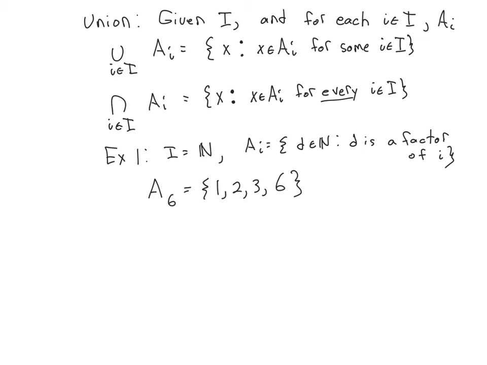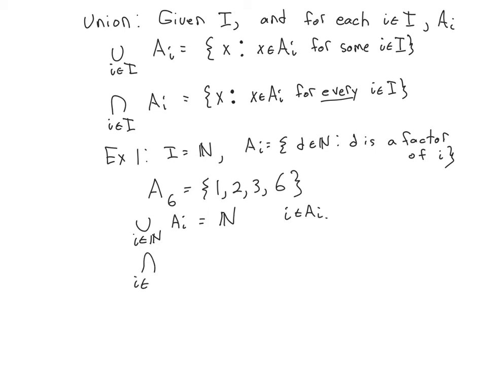And in this case, we see that the indexed union is nothing more than the natural numbers itself, because every number is a factor of some other number. In particular, it's not hard to note that every number is a factor of itself, which kind of forces the union to be the whole set.